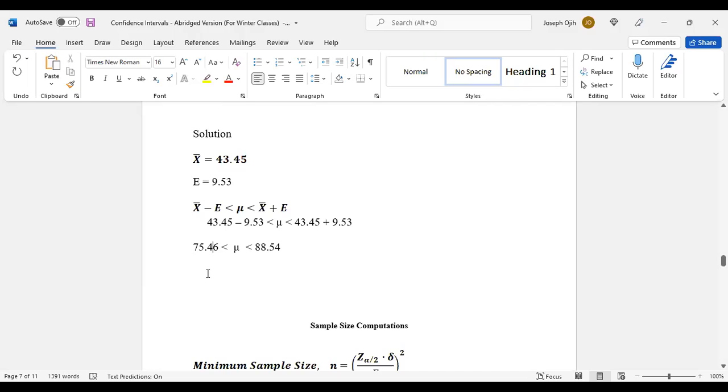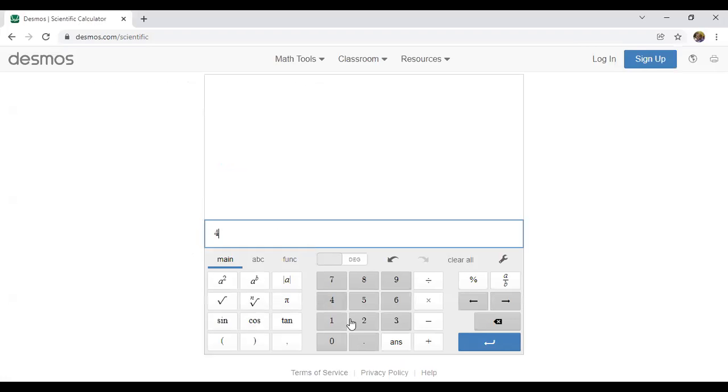For 43.45 minus 9.53 is 33.92, which we go and put 33.92 on this side.